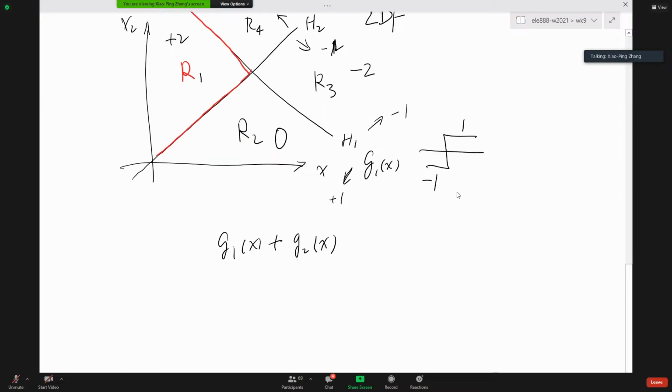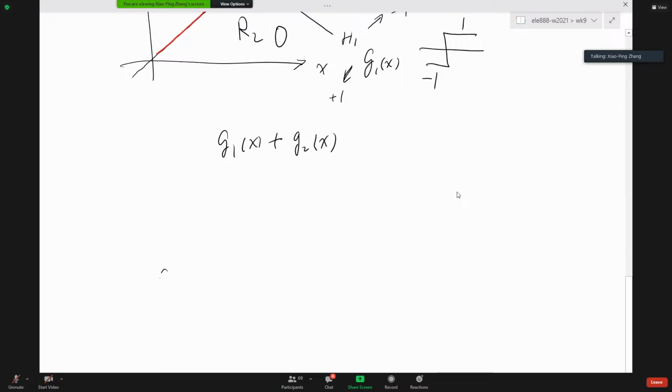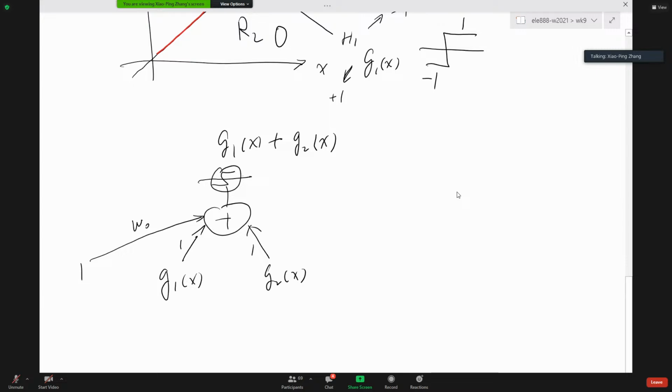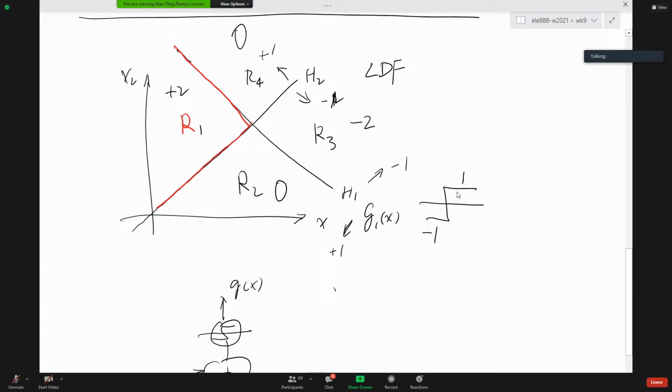So in this case, if we have G1(x) and G2(x), each of them times 1, then added together, and we can have a W0, and then we do this threshold again, let's say this is G(x), we would be able to single out this area, because this is +2 and this one is 0.